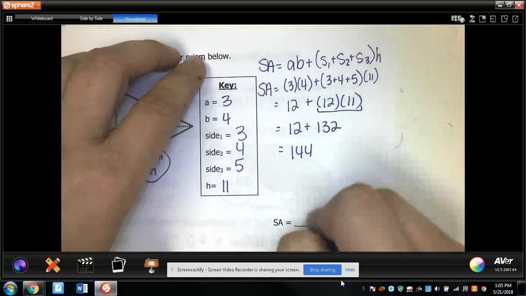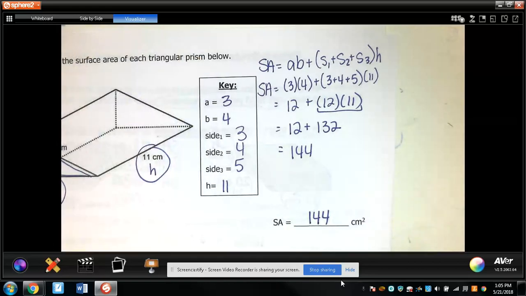So the surface area here is 144 centimeters squared.